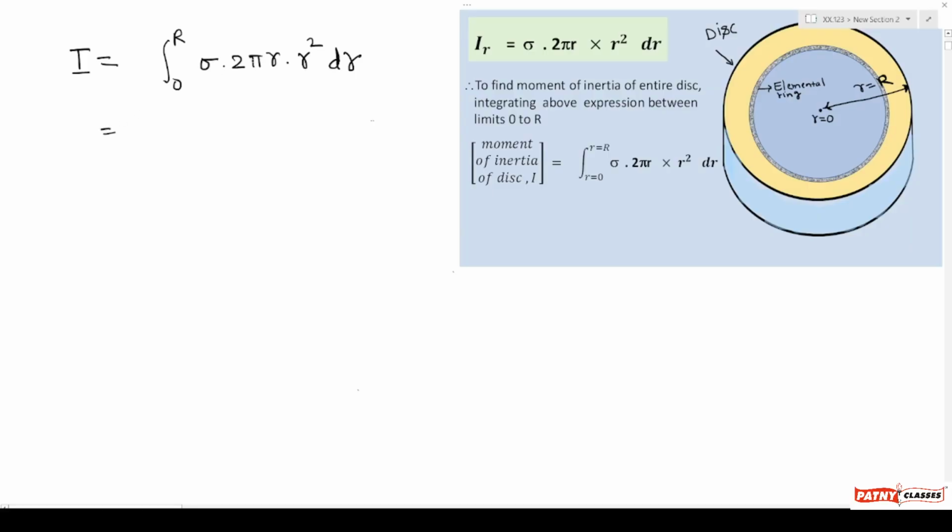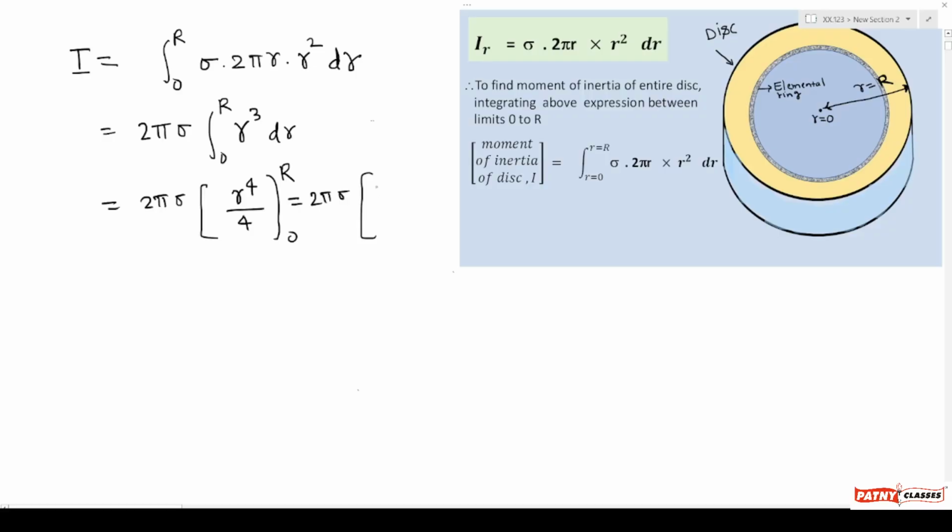Now sigma is constant, 2 pi is constant. Therefore, taking 2 pi sigma out of the integration, now from 0 to R, r into r square equals r cube with respect to r. This equals 2 pi sigma, the integration of r cube, which is nothing but r raised to 4 upon 4, with limits 0 to R. This equals 2 pi sigma R raised to 4 upon 4 minus 0.